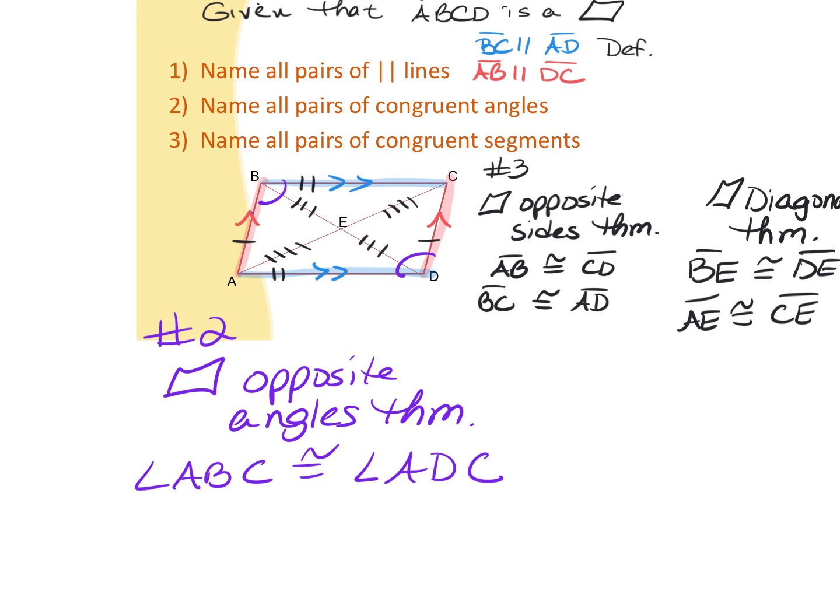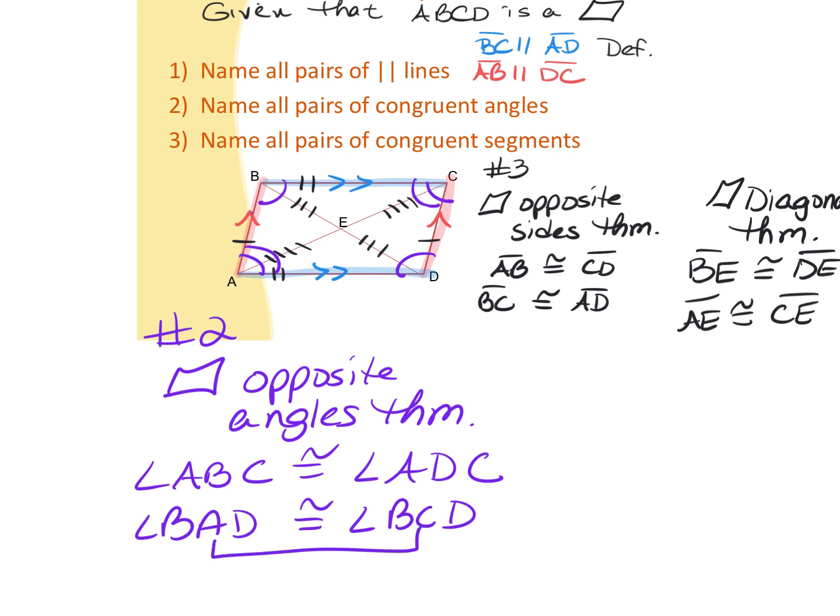Then I could also show this one here and this one here: angle BAD is congruent to angle BCD. Now, you could have gone in the other direction and said DCB, but just know that A and C need to be the middle letters, and then here, B and D need to be the middle letters. So that's the first pair.